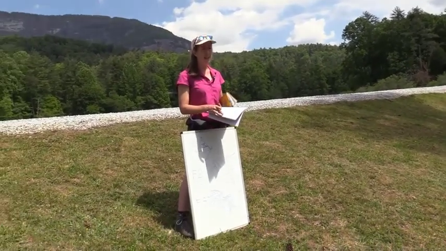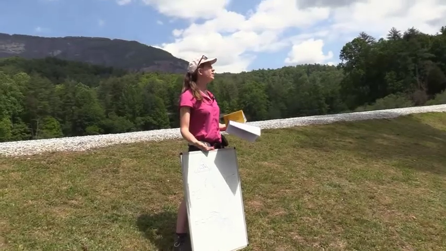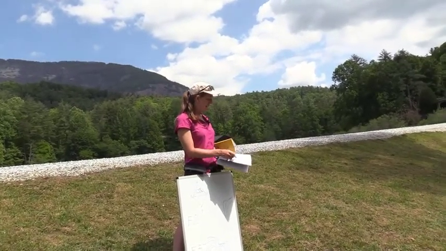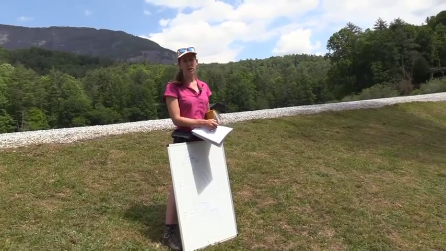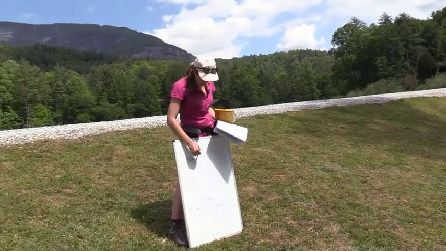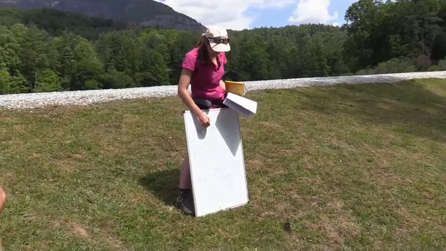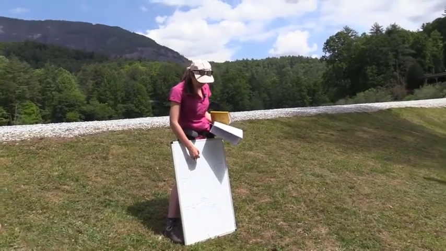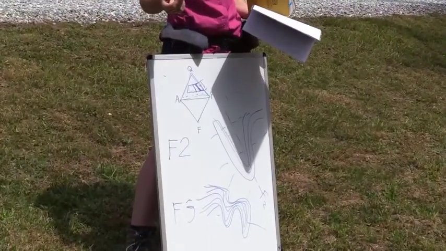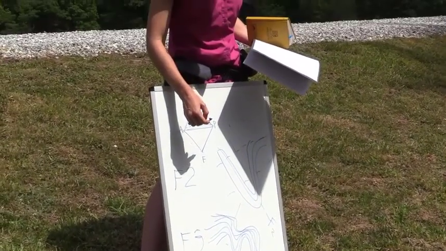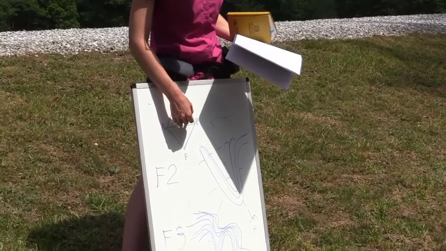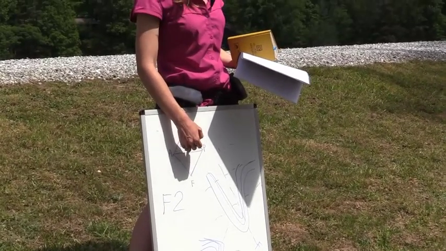So trondhjemites have mostly albite and not very much anorthite and not very much orthoclase, not very much K-spar. So in a trondhjemite, it's a tonalite, so it has between like 20 and 60%, did I say that right? Yeah, between like 20 and 50% quartz.